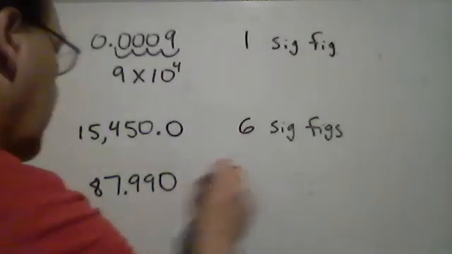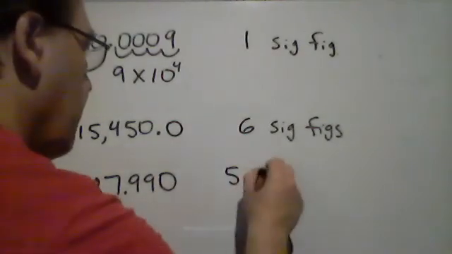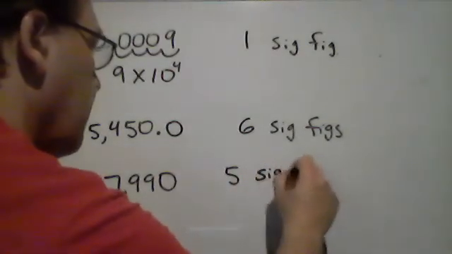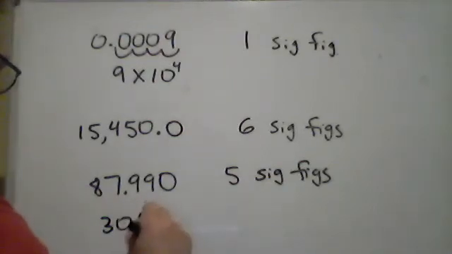Yep, because I can argue that 0 is not a placeholder. Absolutely right, 5. And how about here, 30.42? 4. Yes, 4.